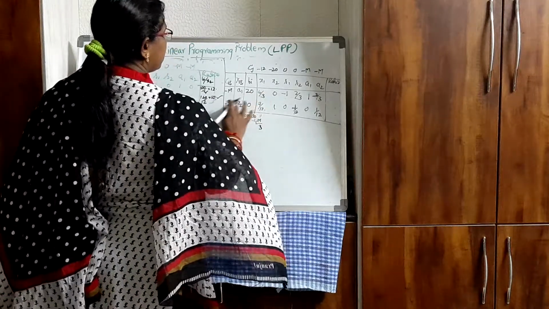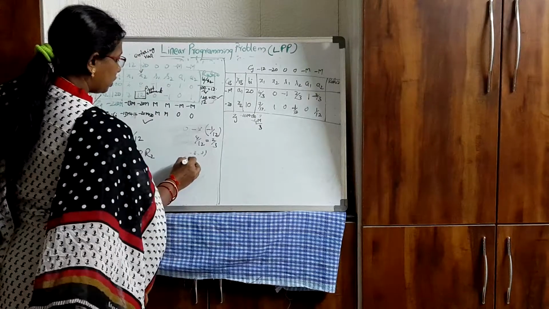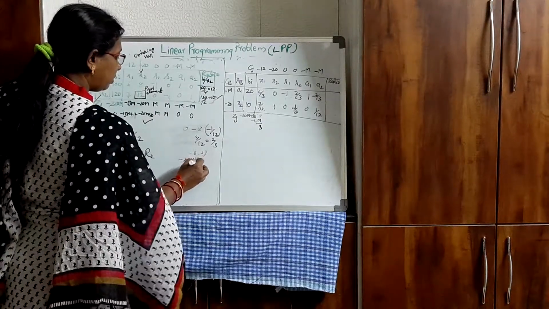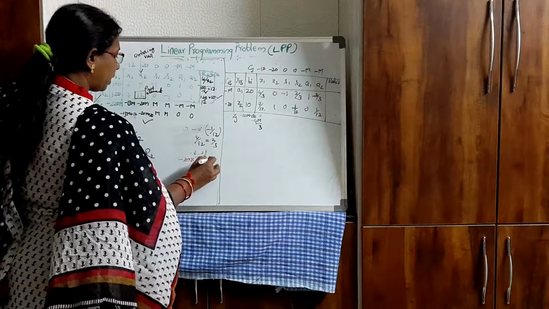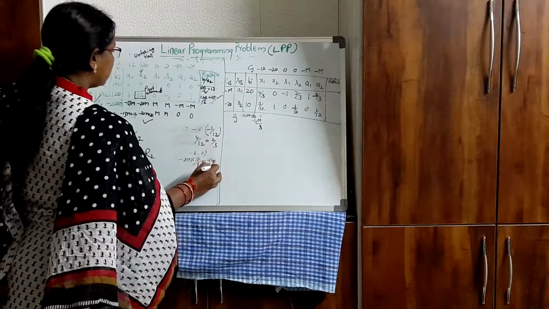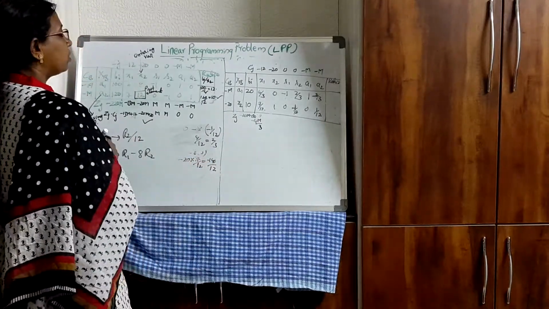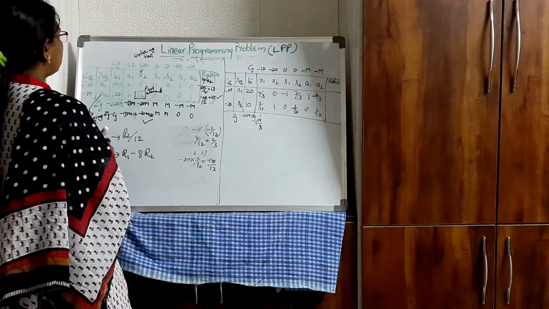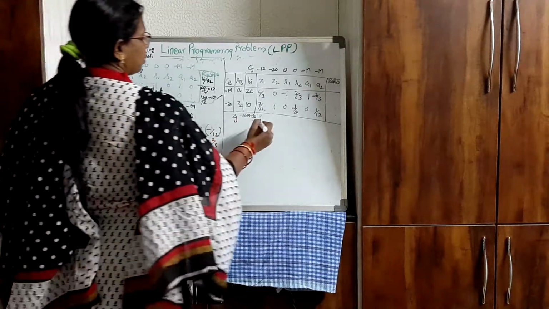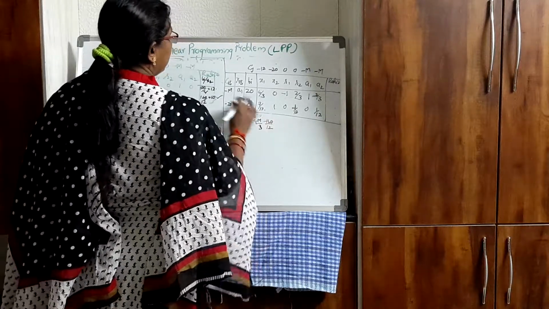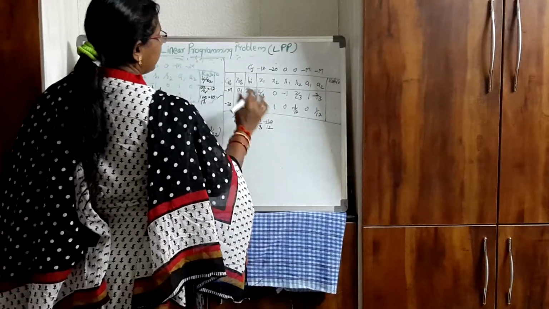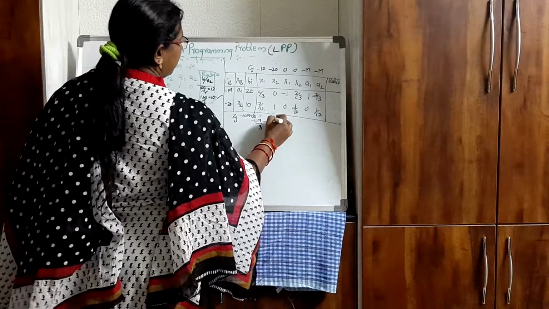This into this plus this into this means minus 20 into 7 by 12. This is minus 140 by 12. So you get minus 140 by 12. Minus m into 0, minus 20 into 1. So this will be minus 20.